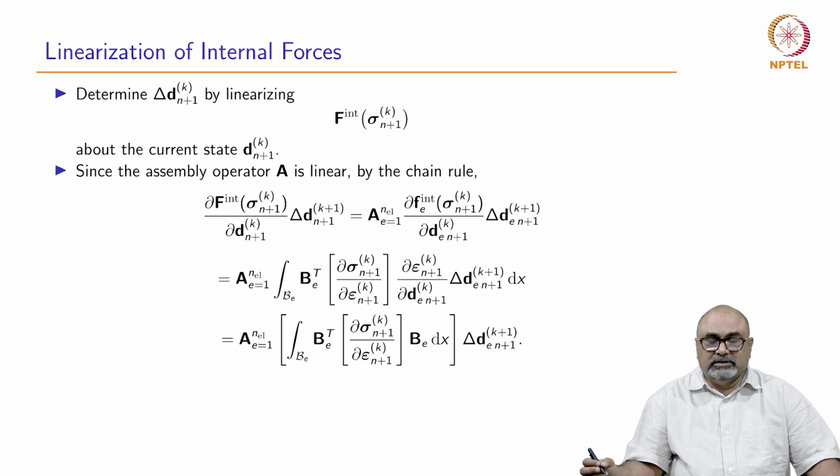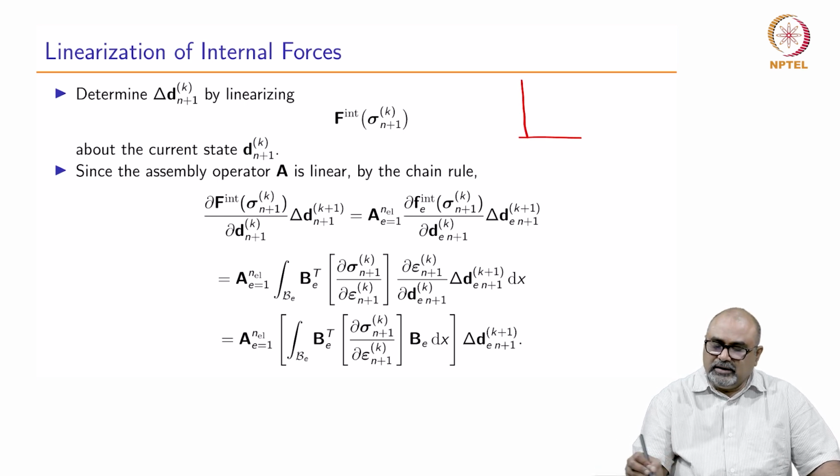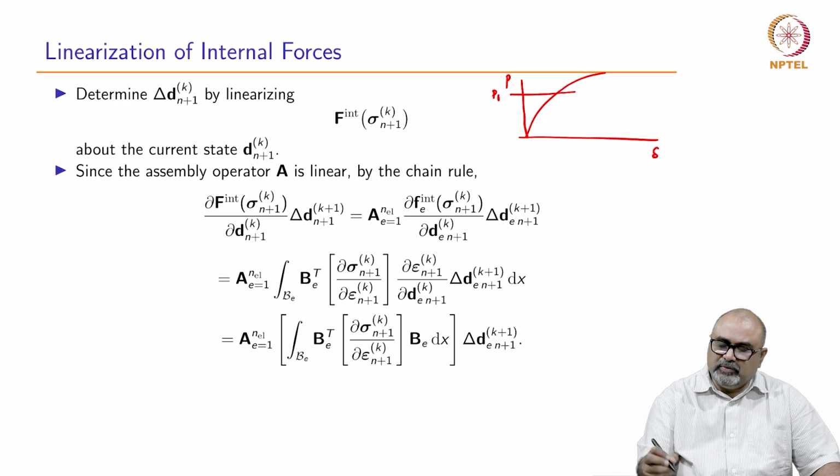Now, as discussed, when we are going in an iterative procedure between load versus deflection, or stress versus strain, for a given load step P1, starting from an initial tangent, we find K1 of u.